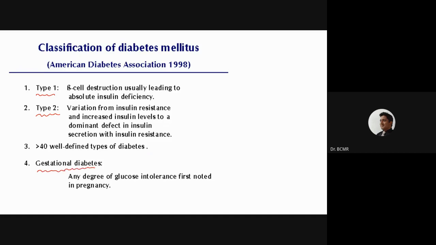Pregnant women do get diabetes temporarily in a way, but it might lead to serious problems, so one has to keep track of it. There are also many other types of diabetes, but they're not well characterized. In all of them, what is common is hyperglycemia.